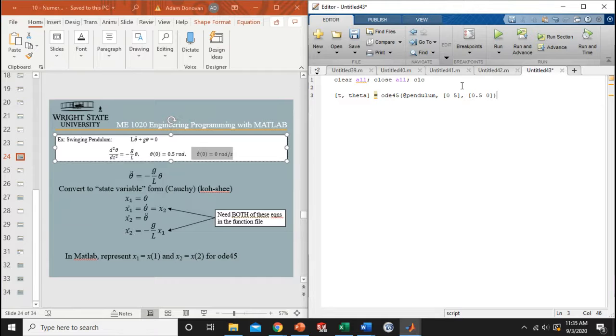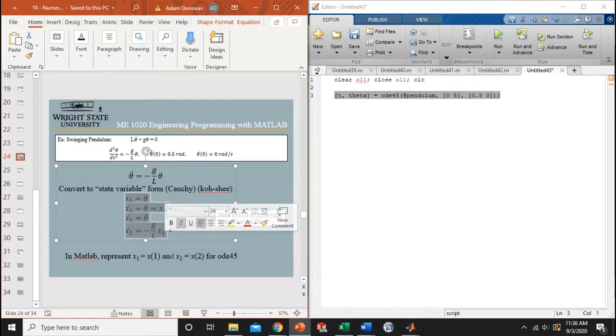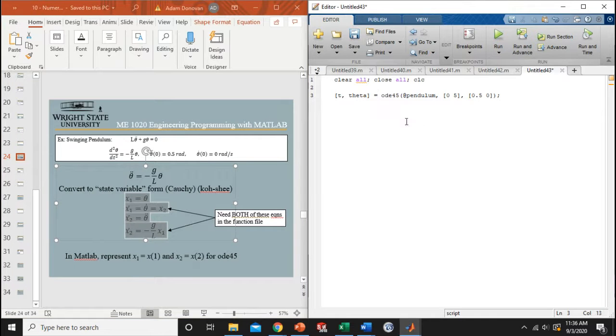All right, so that's my equation. That's going to be what actually solves this equation. But the meat of this problem is setting up my problem in this form right here. And so let me create my function that I'm going to use in ode45. It's going to just be x dot is equal to pendulum t comma x.